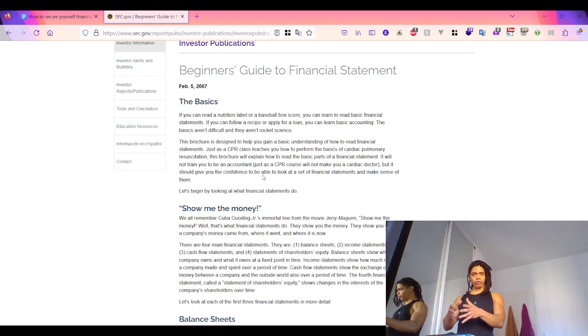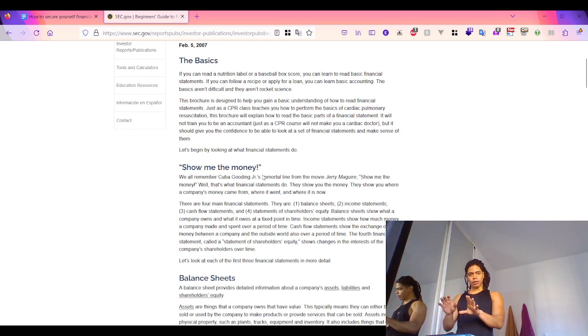And if you know how to apply for a loan or follow a recipe, you can learn the basic parts of accounting. They are basic, they're not difficult, they're not rocket science. So this section will teach us how to read the basic parts of a financial statement.